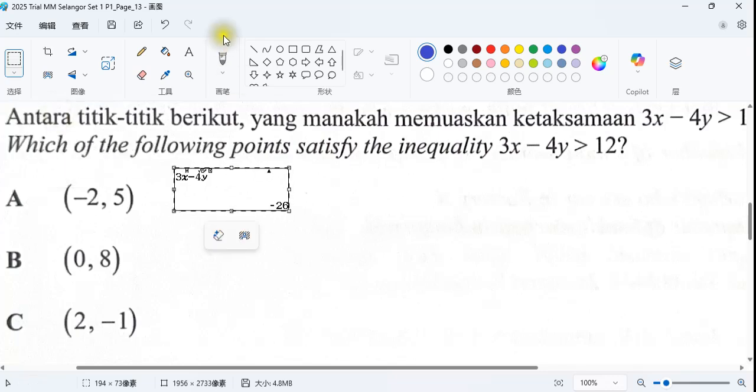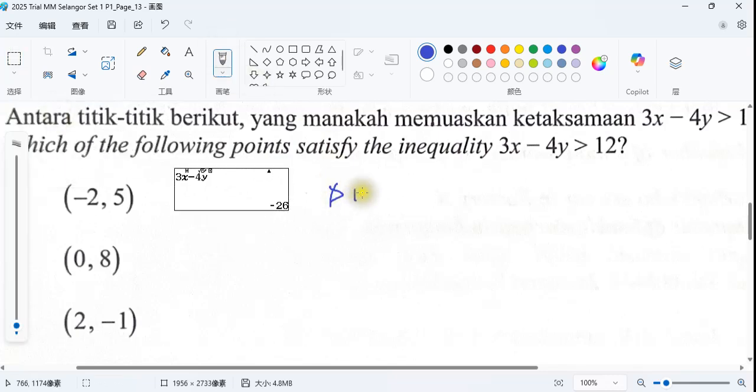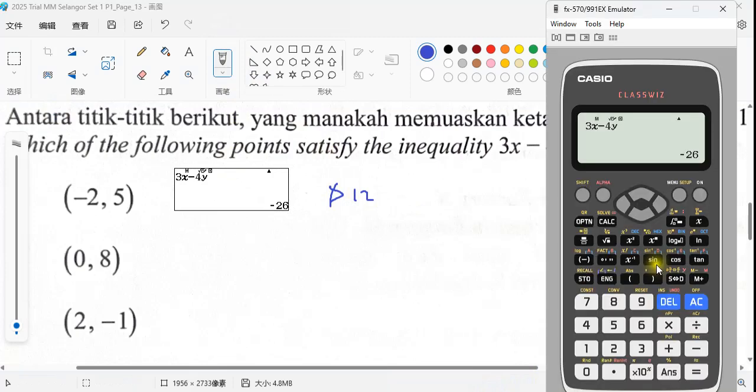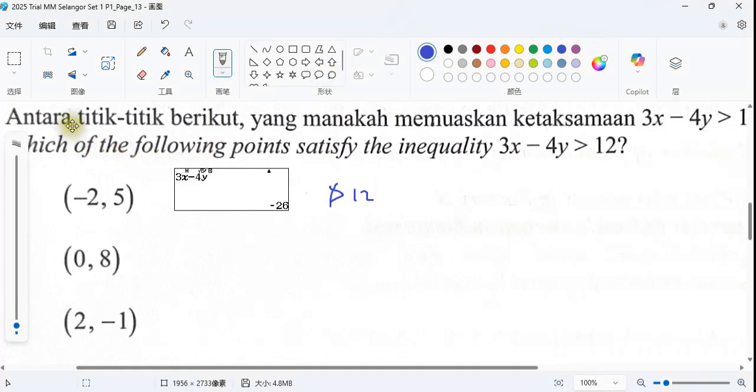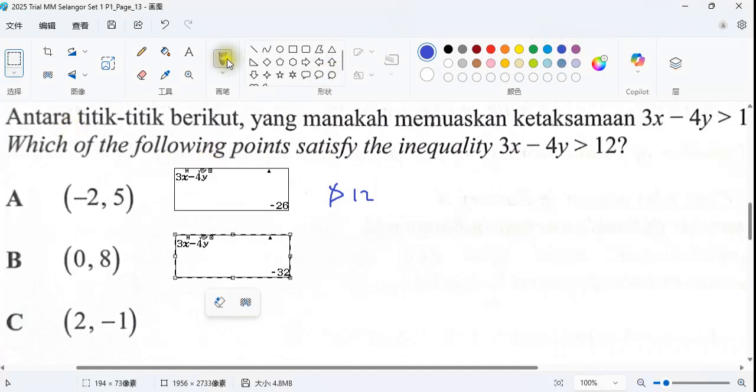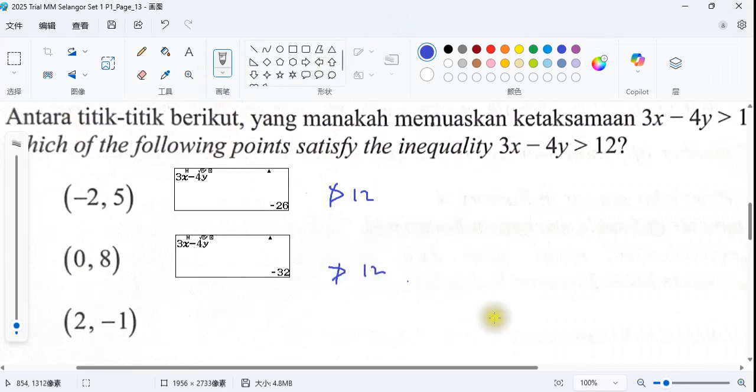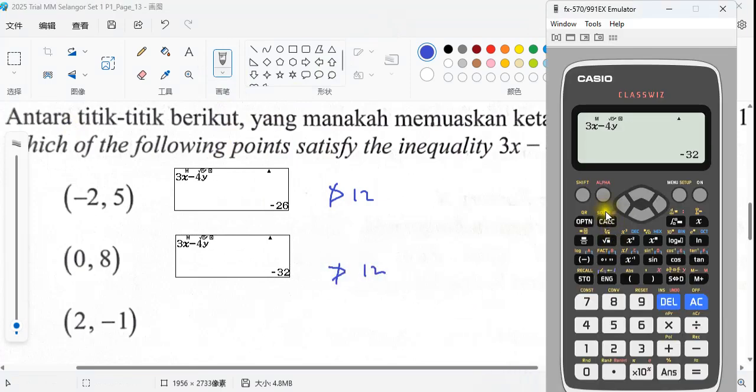This is not greater than 12. And then we substitute with 0 and 8 here. Then we have negative 32, so this one also is not greater than 12. And we substitute with 2 and negative 1.